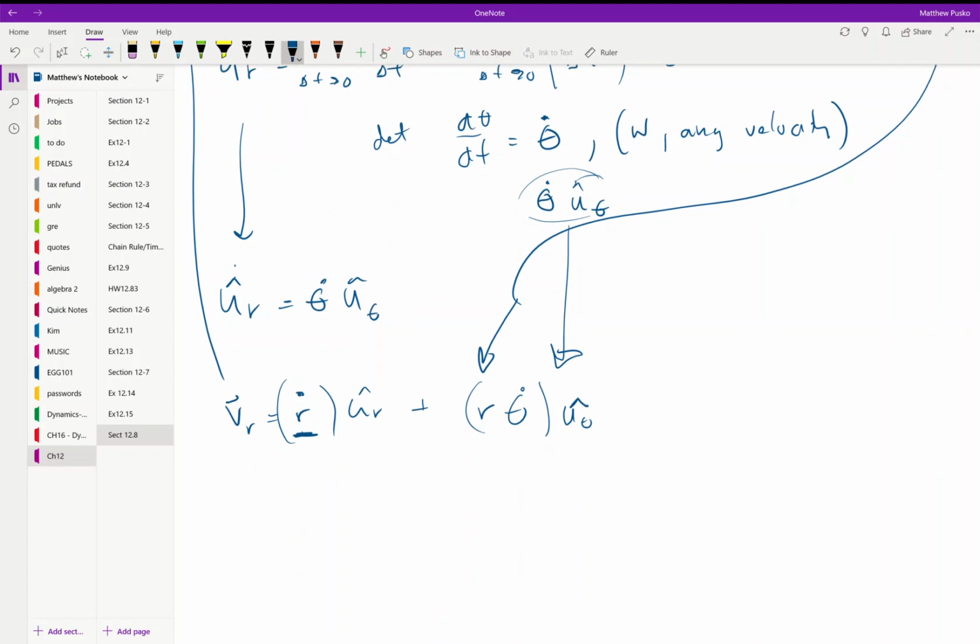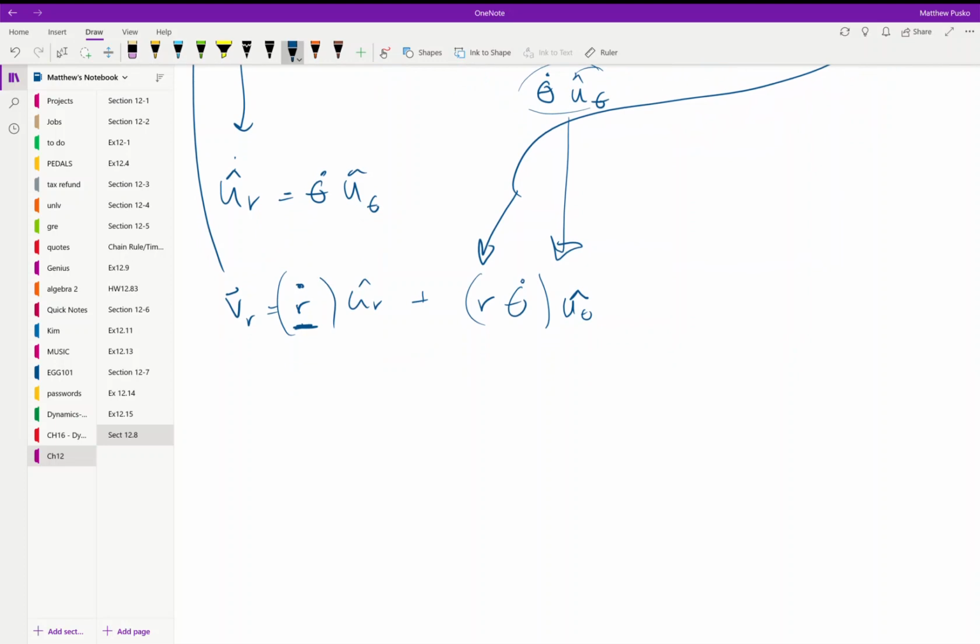These are components. We can make a vector out of them. So we had some path like this. Its velocity vector would be tangent to that path, and it's going to have a unit theta direction and some unit r direction.